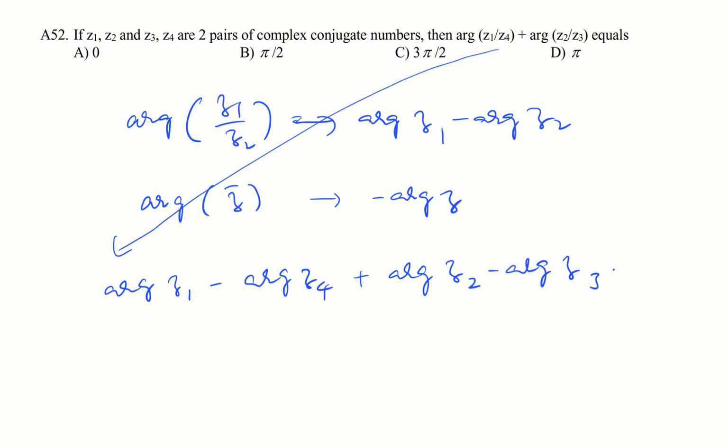Okay, and we know that z1 and z2 are conjugates. Therefore, argument of z1 is, one of the arguments is minus of arg z2.